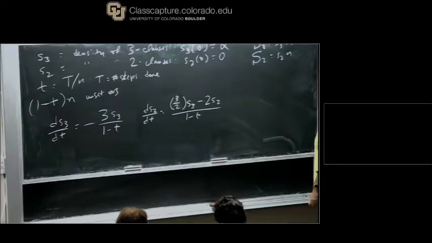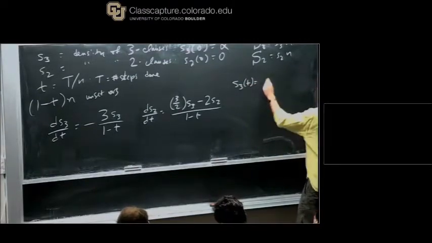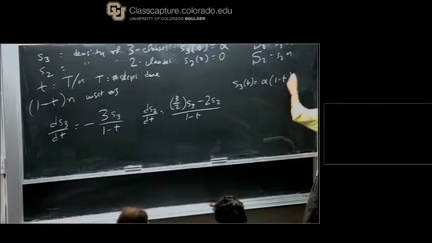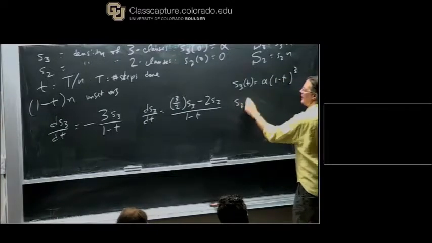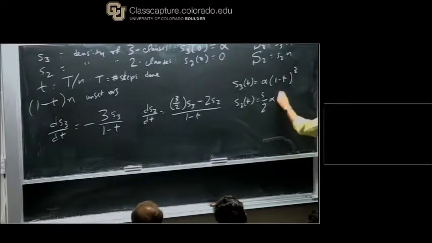And both of these are easy to solve with those initial conditions. S3 is alpha times 1 minus t cubed, and S2 is 3 halves alpha t 1 minus t squared.